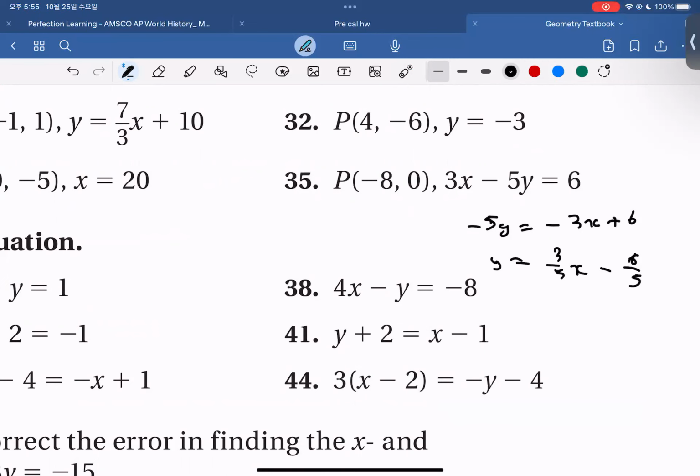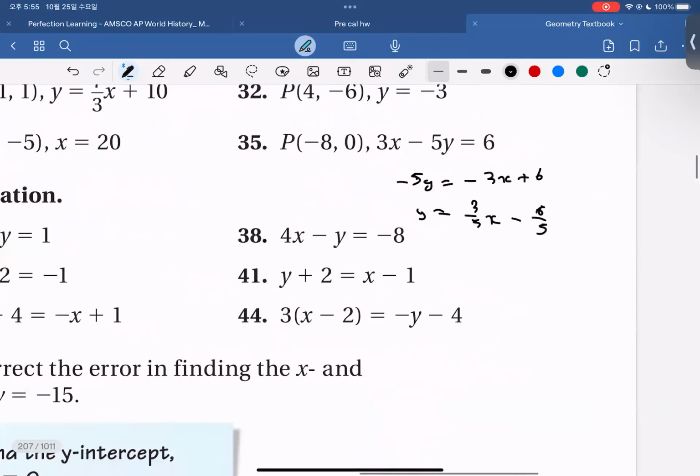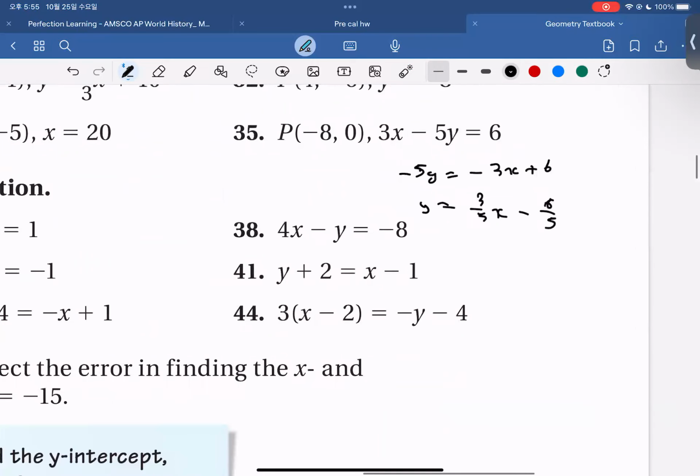And when you're trying to find a line perpendicular to that line, first we know the slope would be -5/3, so y is equal to -5/3x plus b. And to find b, we can substitute this point here.